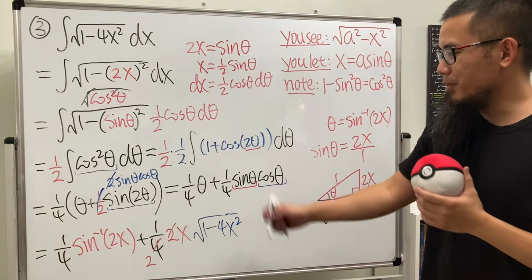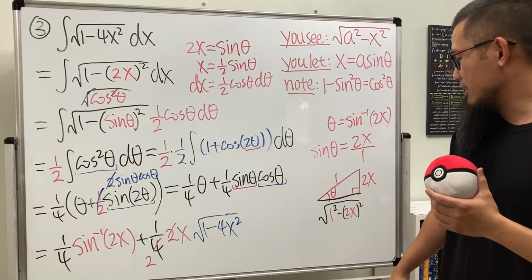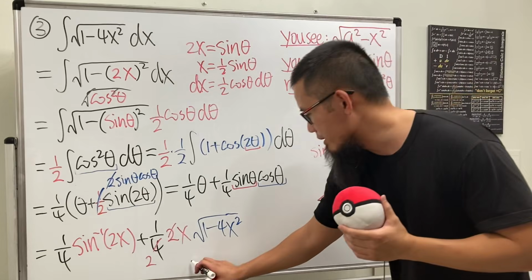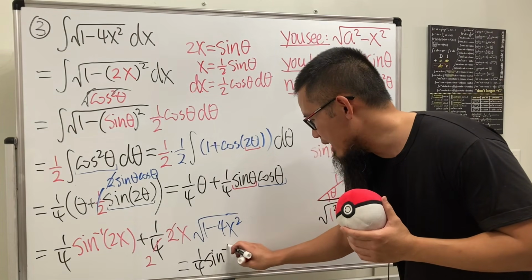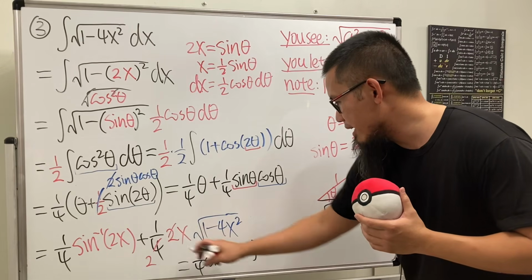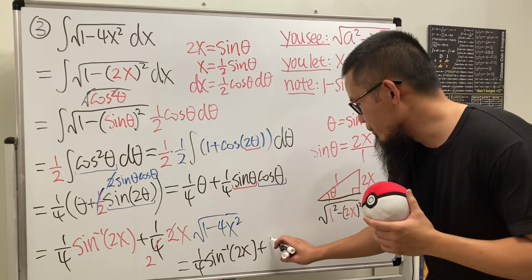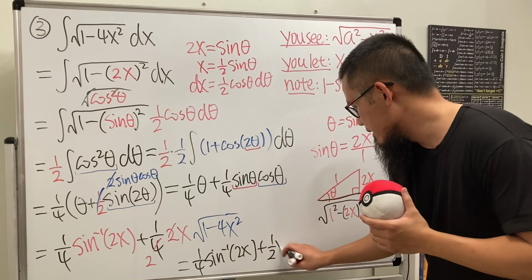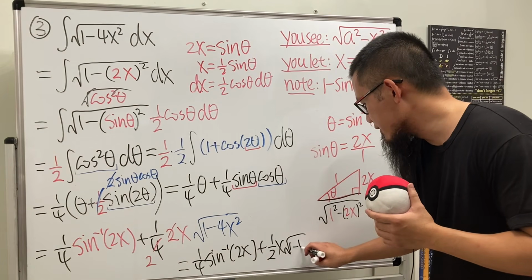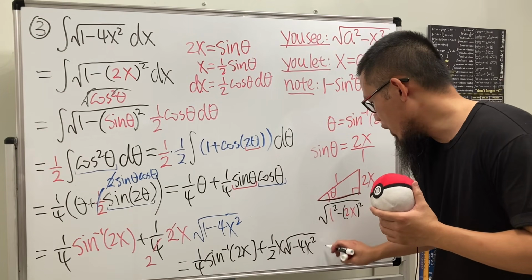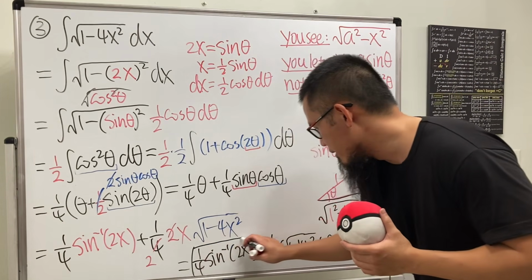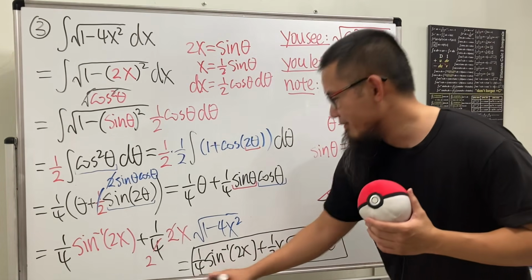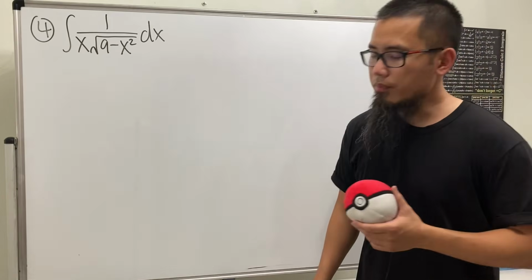You don't have to copy down the same thing over again. But I'm making a video, so I'm going to write this down one more time. 1/4 inverse sine of 2x, and then plus 1/2 x square root of 1 minus 4x squared. And then we are all done. So here will be the answer for that.